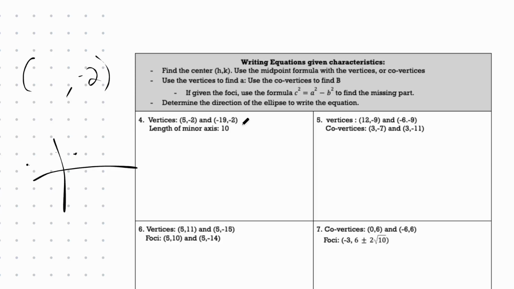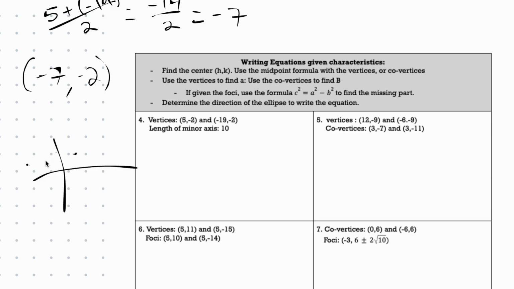The midpoint of that's just going to be negative 2. They're the same thing. Here we're going to do 5 plus negative 19 over 2. That's going to give us negative 14 over 2, which is just negative 7, right? So our midpoint is negative 7.